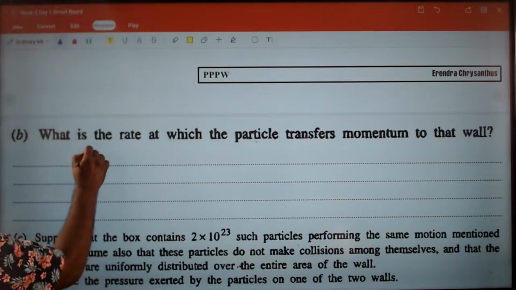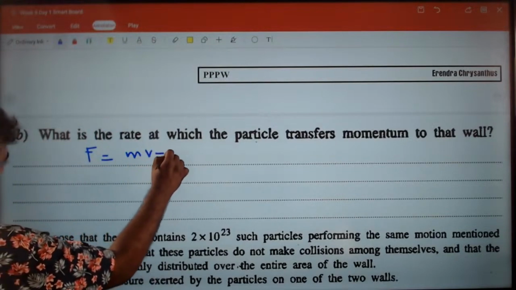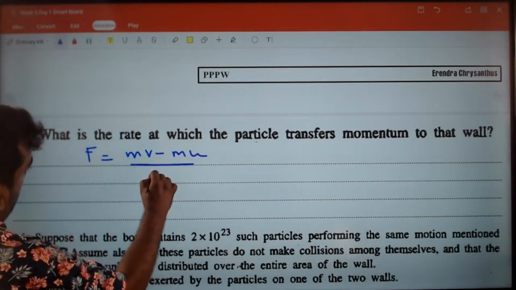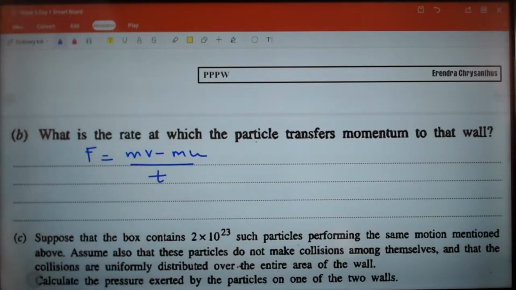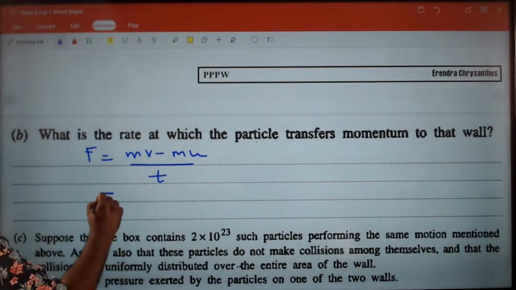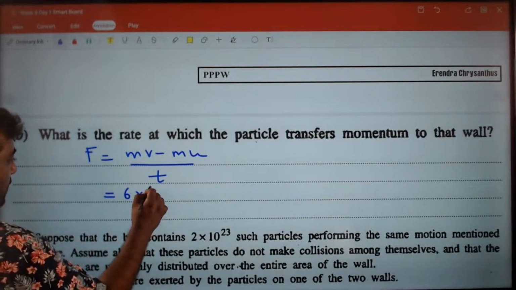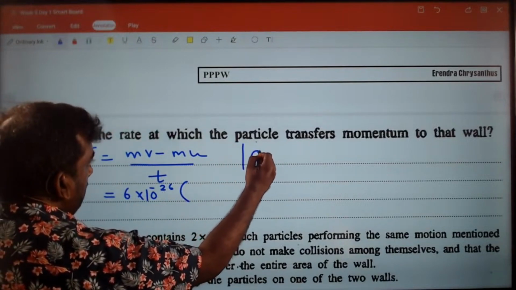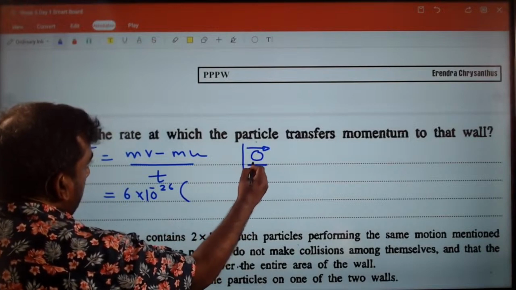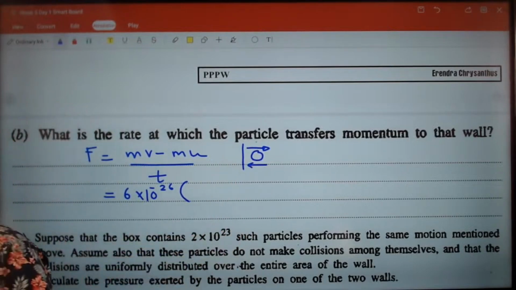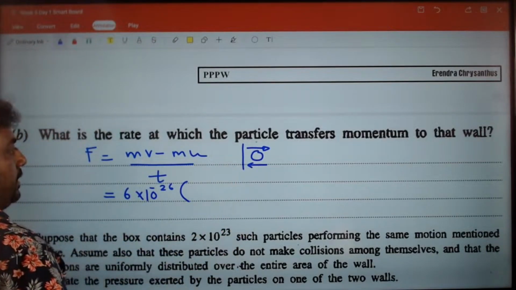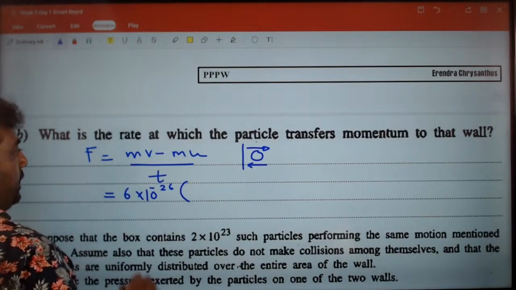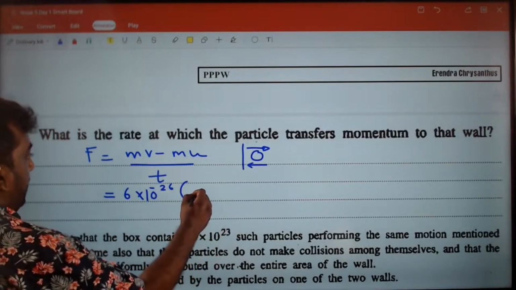F is equal to (mv minus mu) divided by t. Momentum change, don't forget. Mass 6 × 10^-26. Final velocity is in that direction. Clear? Final in that direction, 2000.